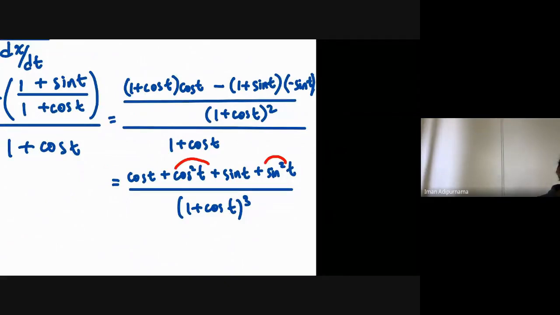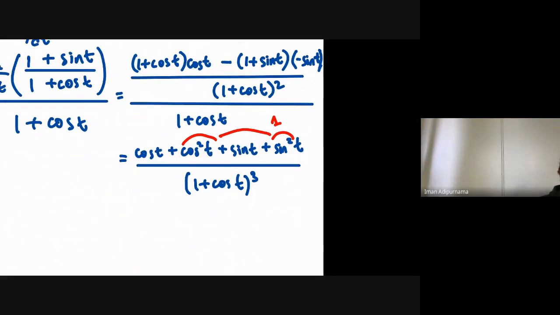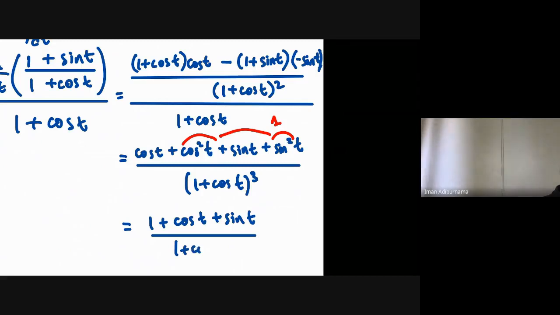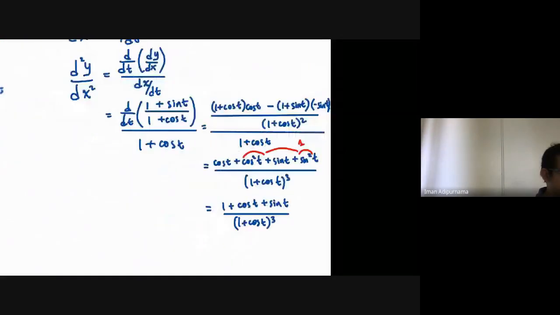Now this and this become 1. So we can write 1 plus cos t plus sine t divided by 1 plus cos t cubed.